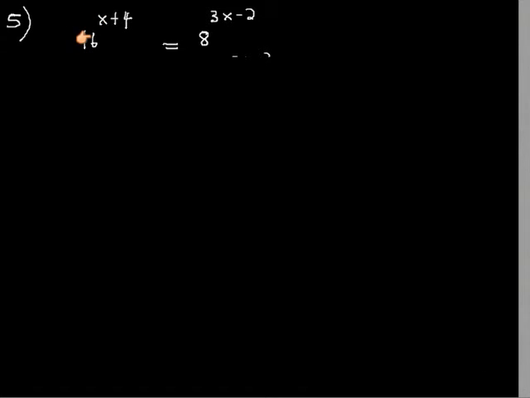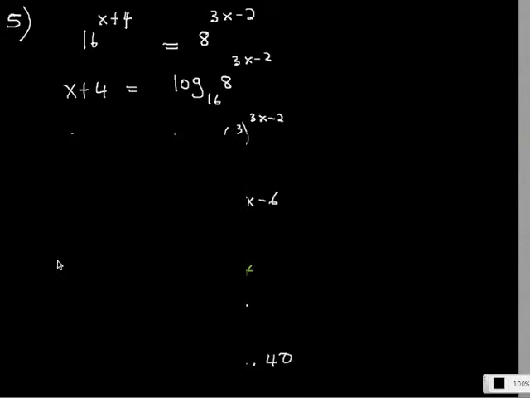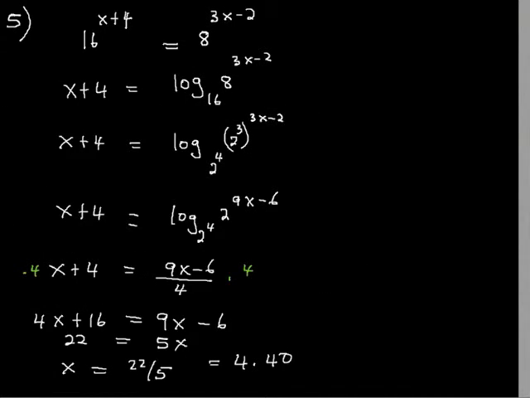Next problem is very interesting. The question is 16 to the power x plus 4 is equal to 8 to the power 3x minus 2. Let's go ahead and see how it's done. So first, we want to convert the exponential form into the logarithmic form by taking the base across the equal sign and bringing the log back in.